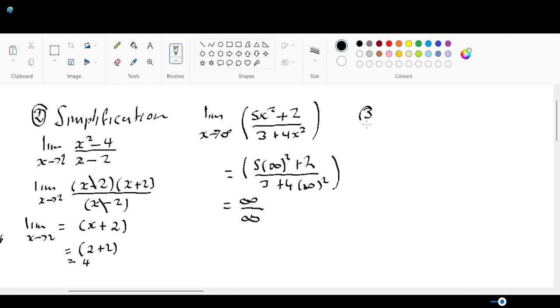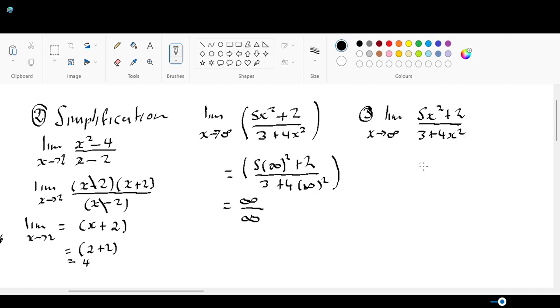So the third step, when it's like this, let's continue with our same problem here: limit as x approaches infinity of the function 5x squared plus 2 divided by 3 plus 4x squared.